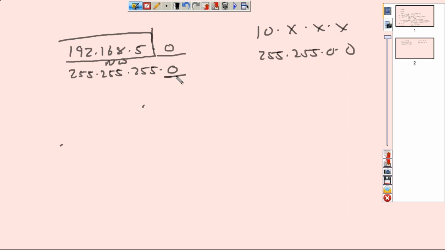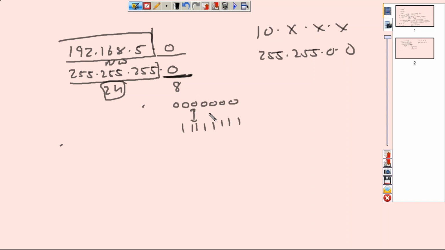And here it says what? These 24 bits, the first 8 plus 8 plus 8, are the network. You cannot play with that. But the last, how many bits do I have here? In this last octet, I have 8 bits, which means I can use those 8 bits in either this combination or up to this combination. Everything in between I can have on my network.